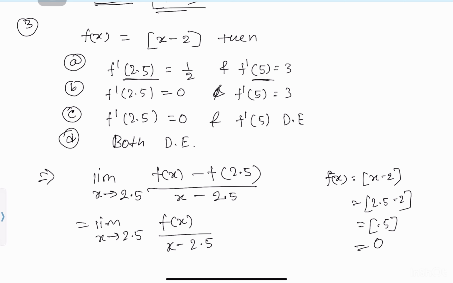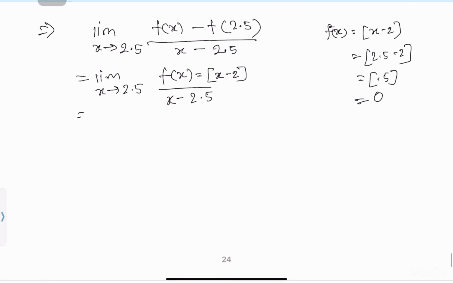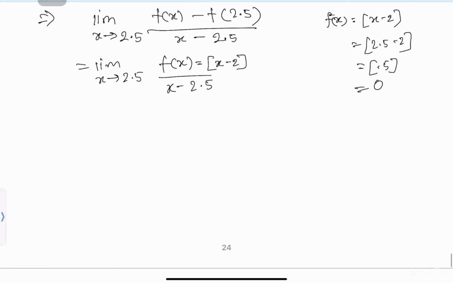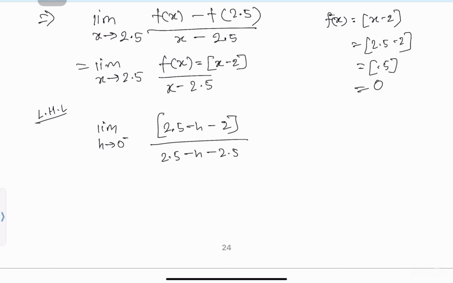Clear? So f of x equal to x minus 2 box. Now find the right hand and left hand limits. Left hand limit, h tending to 0 negative: in place of x you write 2.5 minus h, minus 2, divided by 2.5 minus h minus 2.5.